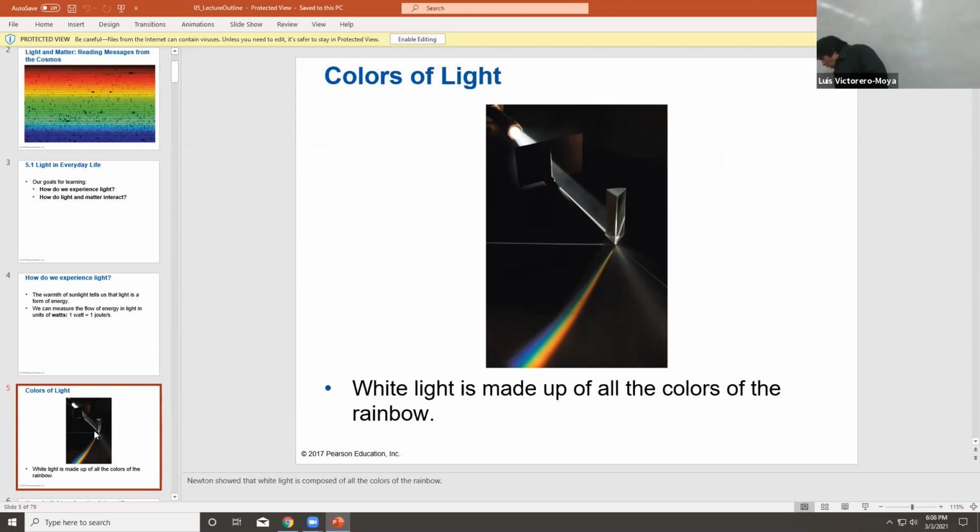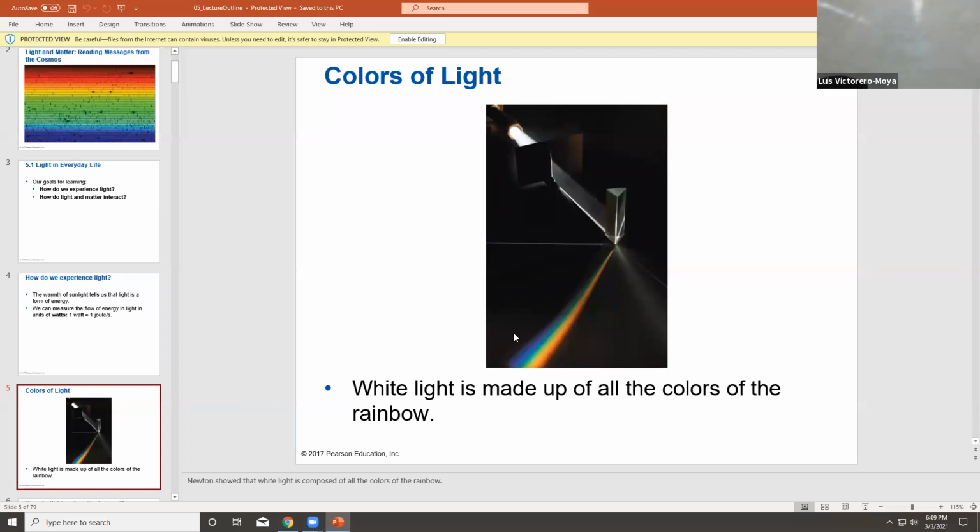So basically, what you have there is a spectrometer. A spectrometer is a device that we use in astronomy to break light into its components. Okay? Now, as I said, white light is made up of all the colors of the rainbow. What you're seeing right now is the continuous spectrum. That's a spectrum that you will expect from the sun.